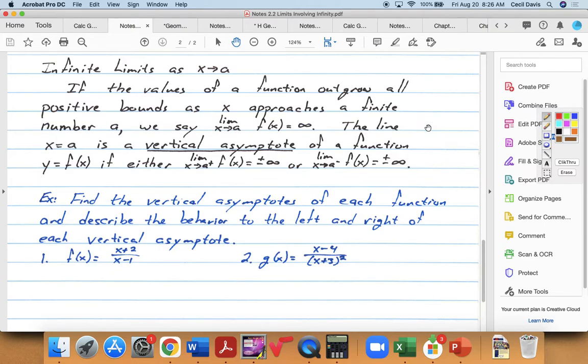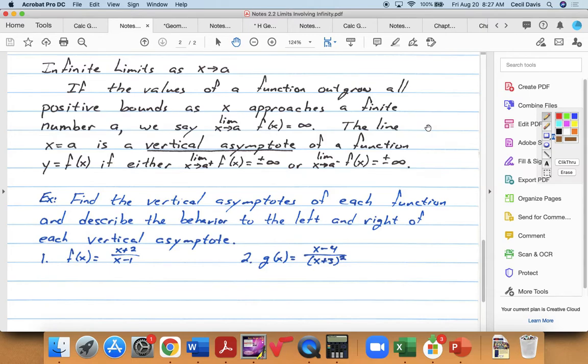Now, we're going to stop there before we move on. Technically speaking, the limit does not exist because the function is not going to a particular value. So when we say that the limit as x approaches a of f of x is equal to infinity, we are explaining why the limit does not exist.